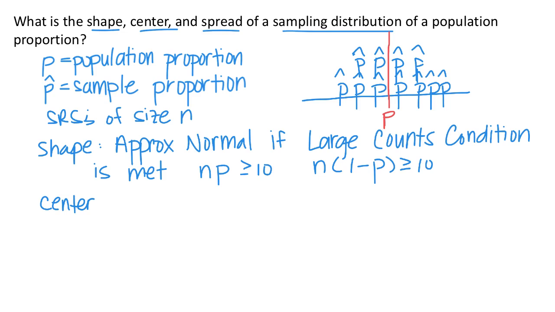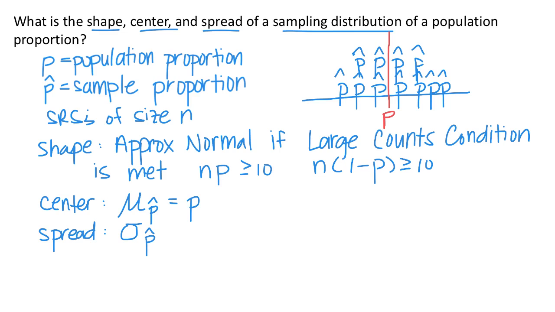The symbol that we use for that is mu, because that means mean, sub p hat. That means the mean of the sampling distribution of proportions. That's just p. The spread is how spread out all of our p hats are, and that's the standard deviation, sigma sub p hat.